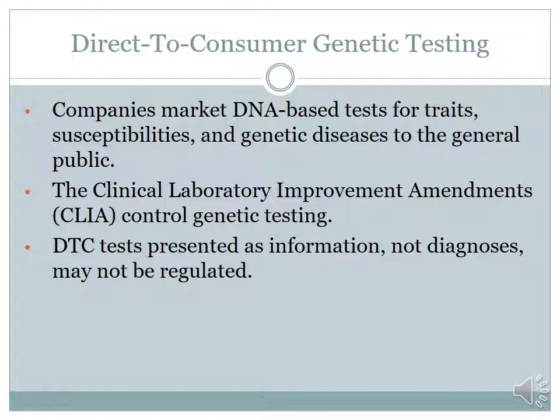These did not include genetic testing, which at that time was limited. Since then, the genetics community has asked that genetic testing be included as a specialty area. State regulations can override CLIA, but only if they are equally or more stringent. Therefore, the regulation of clinical genetic tests can be unclear and still remains unclear in many areas.